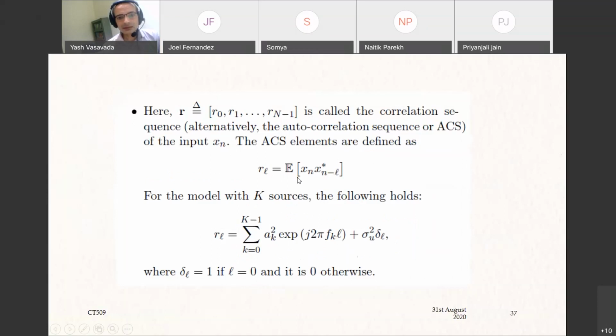And the punchline is that this R of l can be written like this. R of l is the summation of k equal to 0 to capital K minus 1 of a_k squared times exponential functions. But now see that these exponential functions are dependent on just this l index, not the n index.